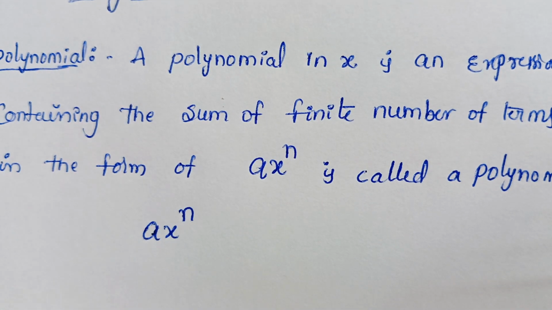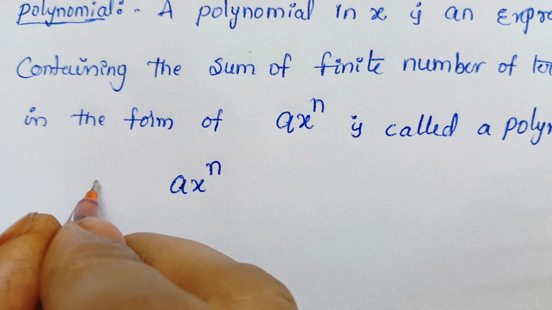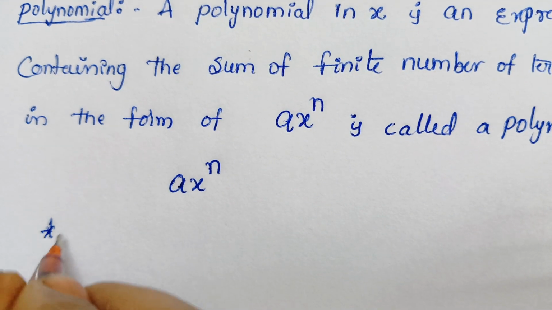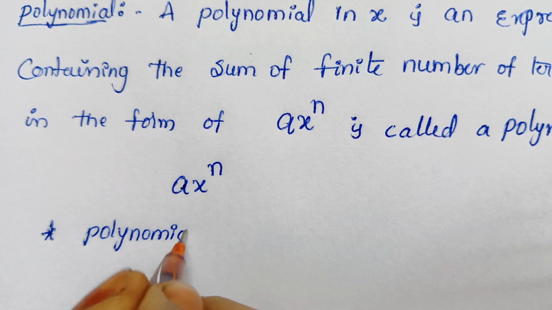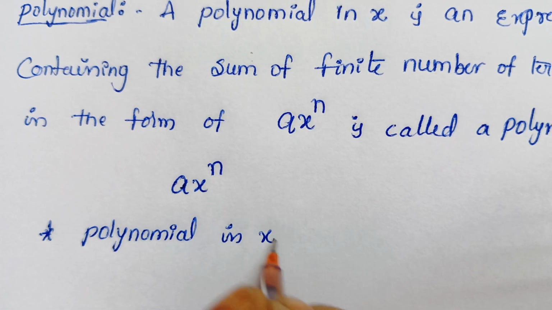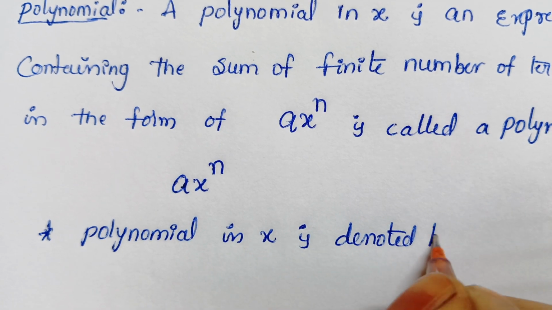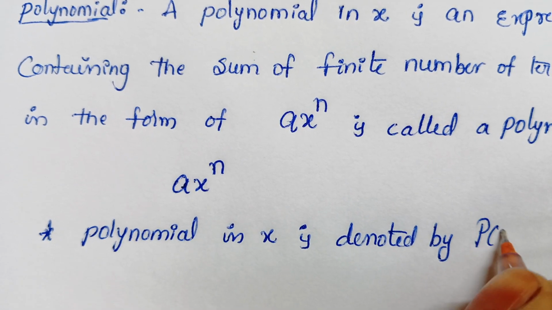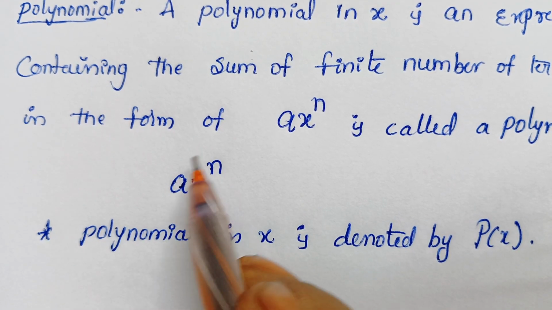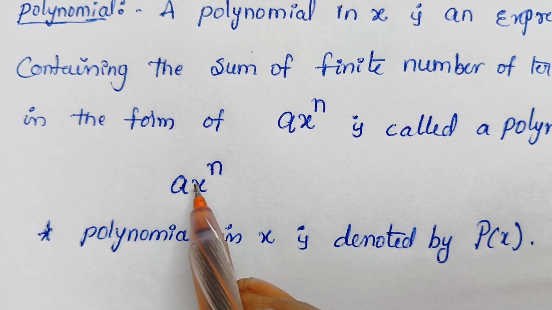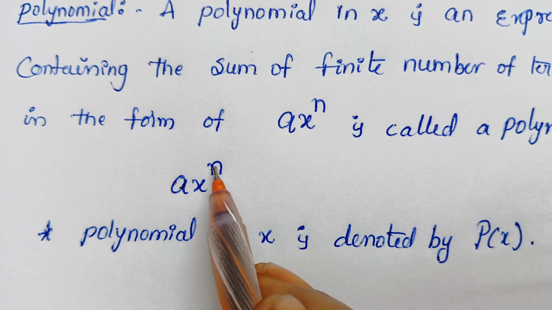A polynomial in x is denoted by p of x. That is the point here: p of x is equal to an expression, the sum of a finite number of terms in the form of ax power n.